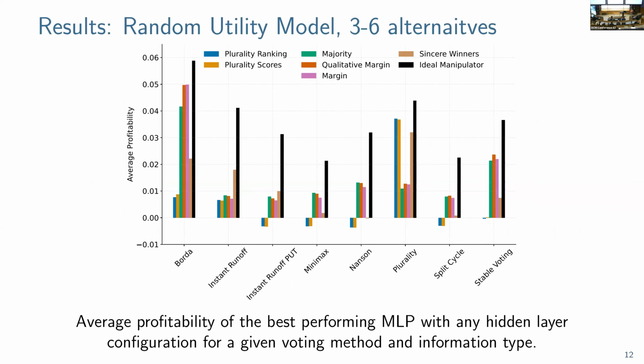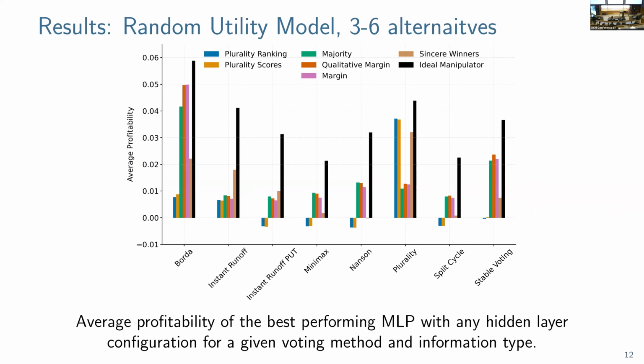Okay. What I think is more interesting maybe is this graph right here, where we look at the average profitability over all the possible neural nets. We looked over all of them and all the possible numbers of candidates, which is 3 through 6, and 4, 5, 10, 11, and 20 and 21 voters. So we averaged over all of our data.